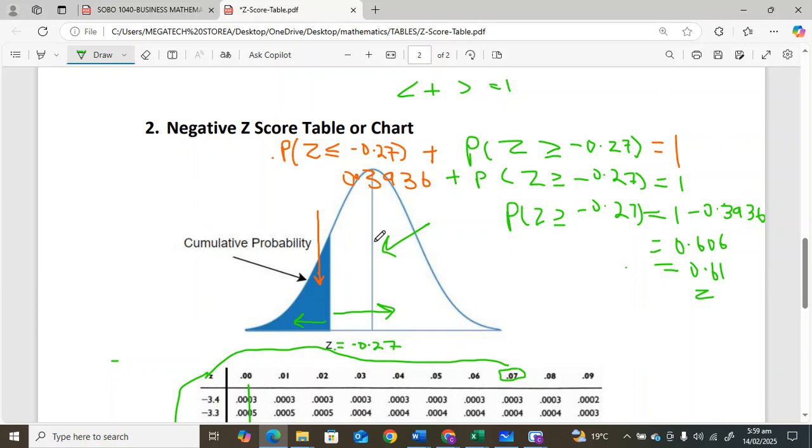That will give us the white area, the unshaded part, because in the question the sign was pointing to the right.